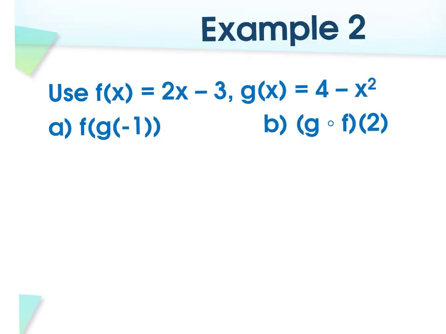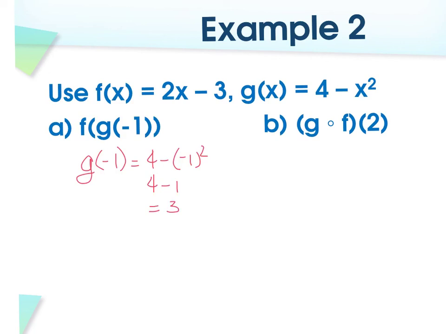Okay, in this example, there's a couple ways to approach this. When it's written like this, you want to start by substituting -1 into g. So g of -1 is equal to 4 minus -1 squared. So that's going to be 4 minus 1, we get 3.